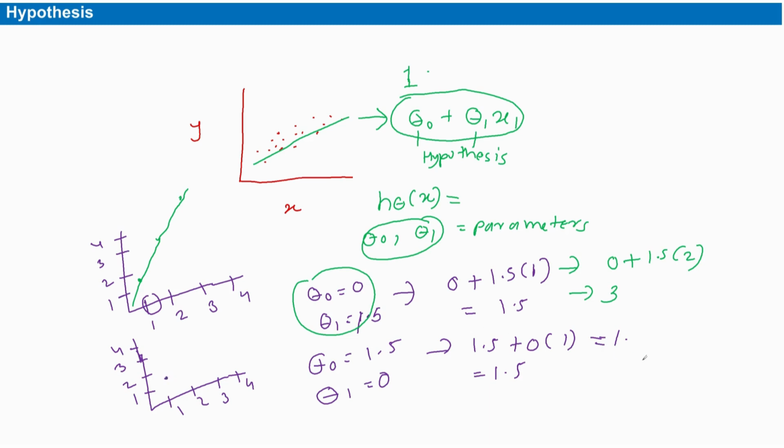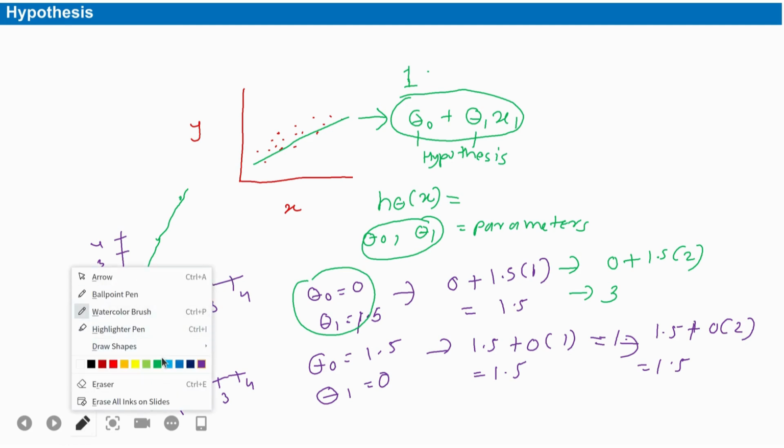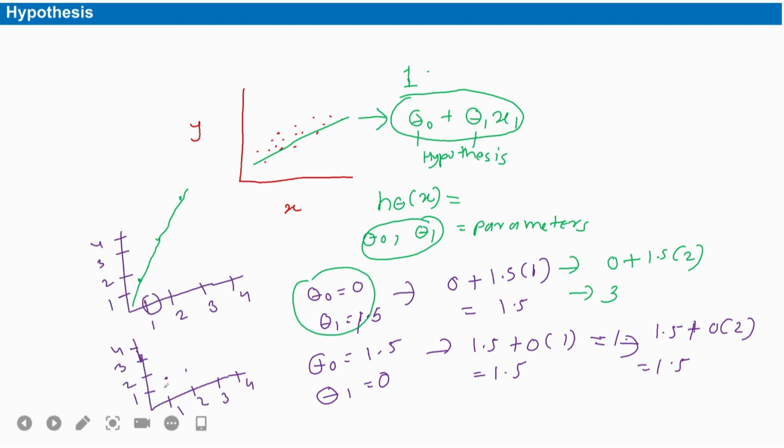Then when x is equal to 2, what will I get? 1.5 plus 0 into 2, so again I will get 1.5 only. Then I will get the hypothesis like this.